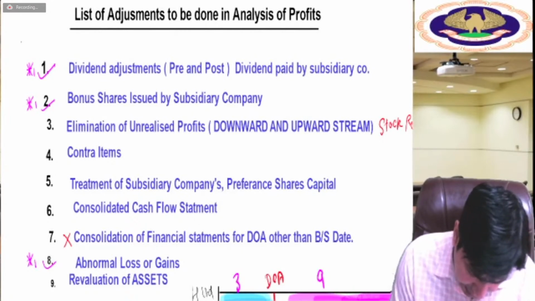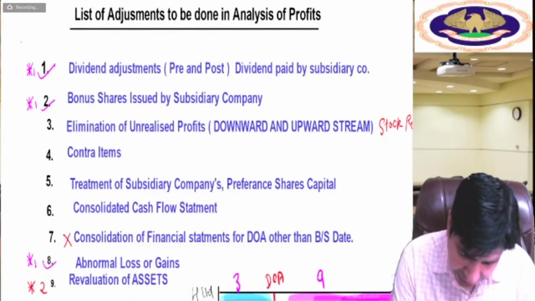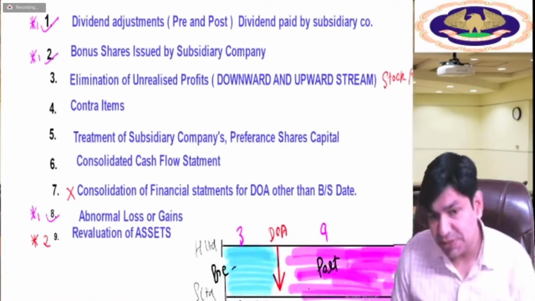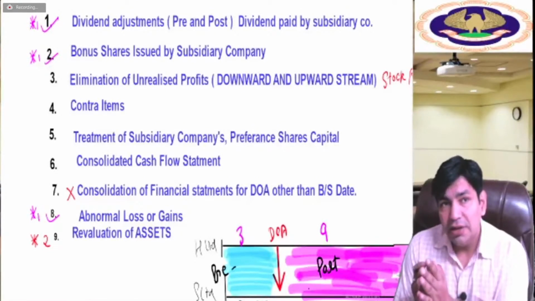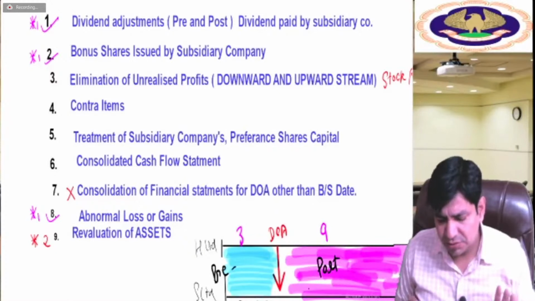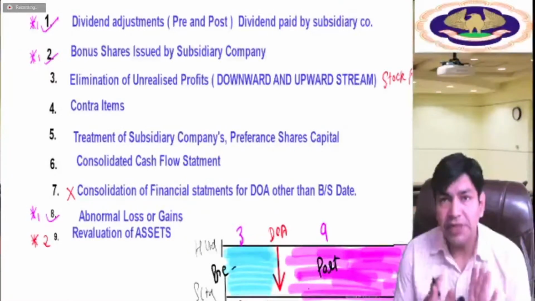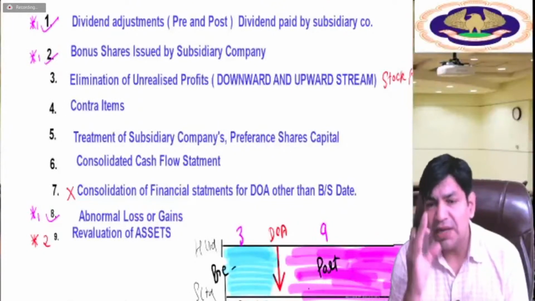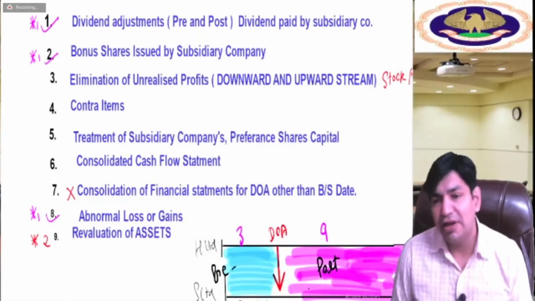If I categorize an adjustment separately, it means those are separately important. Usually they come with an independent question. Okay, beta, please be focused. And in practical life, you will always find there is a holding company, subsidiary company, etc.